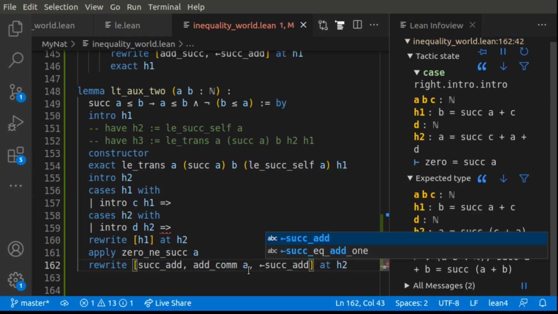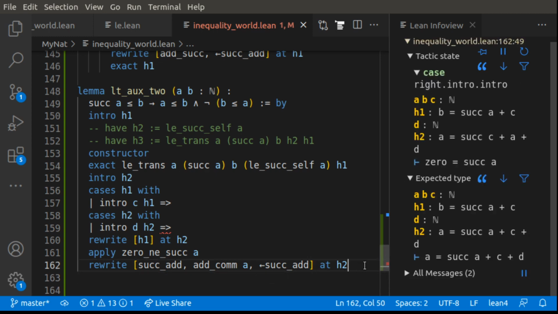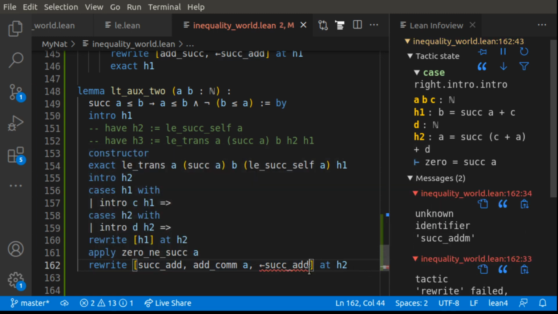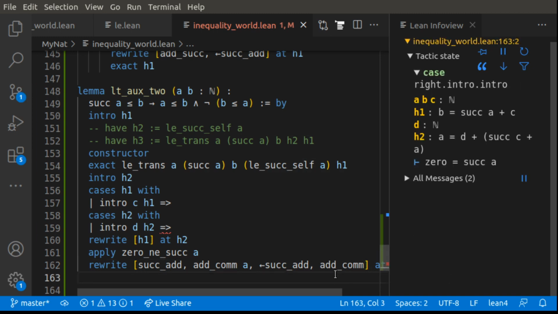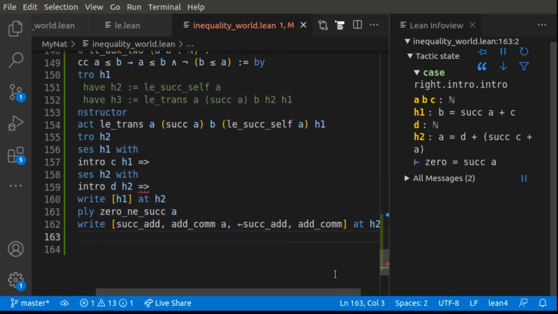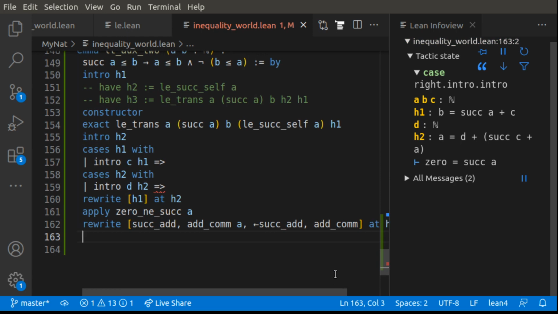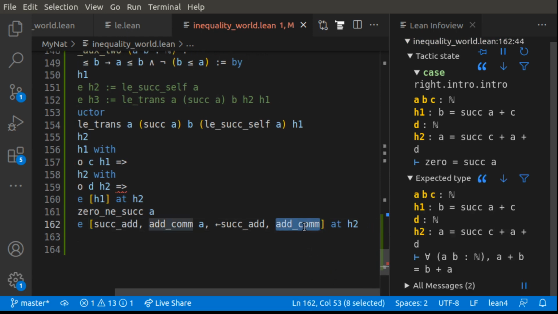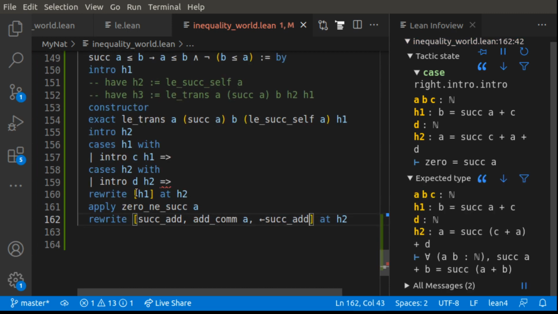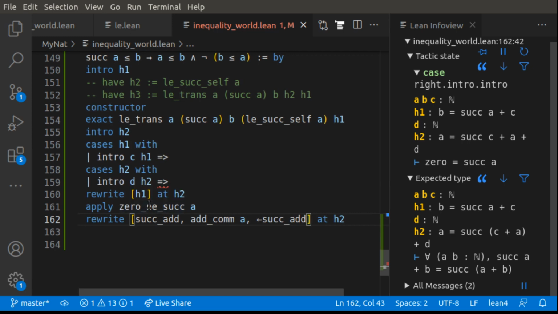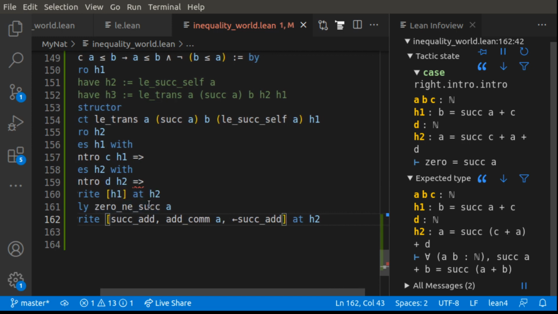Successor add. Cool. Add commutative. No, this add commutative was not quite what we wanted. Add commutative, successor add, a plus b, that's fine.